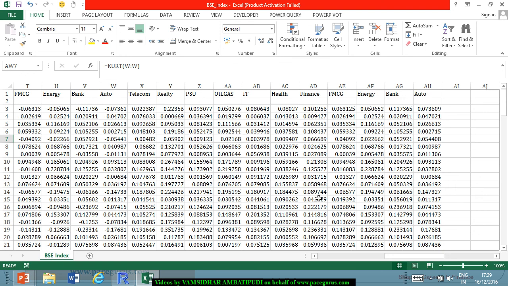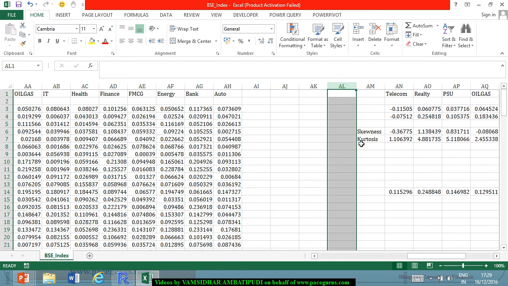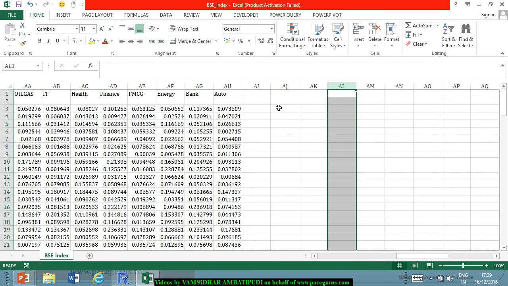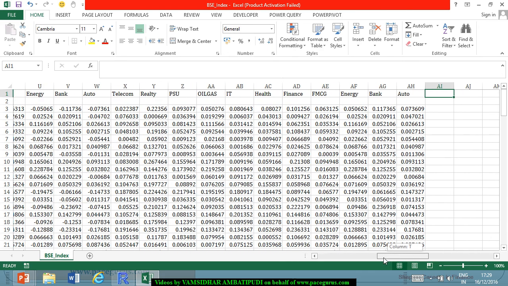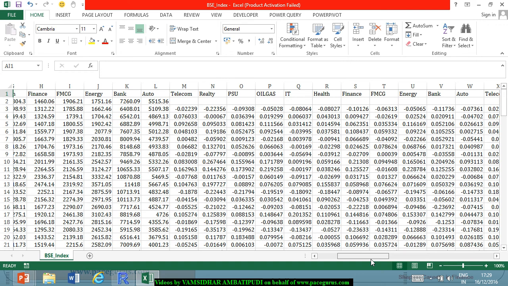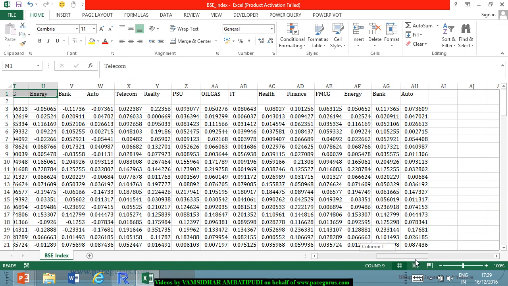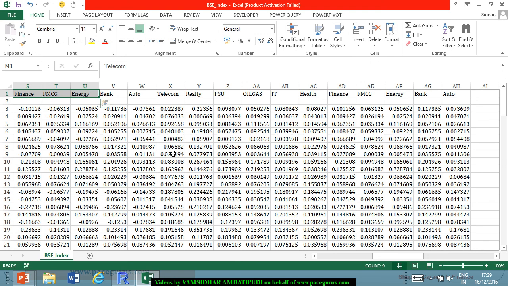If a particular return is in the bottommost 20, I'll mark it as 1, and if it is not, I'll mark it as 0. I want to see where those bottommost 20s are and how close they are. I'll take this with the absolute.